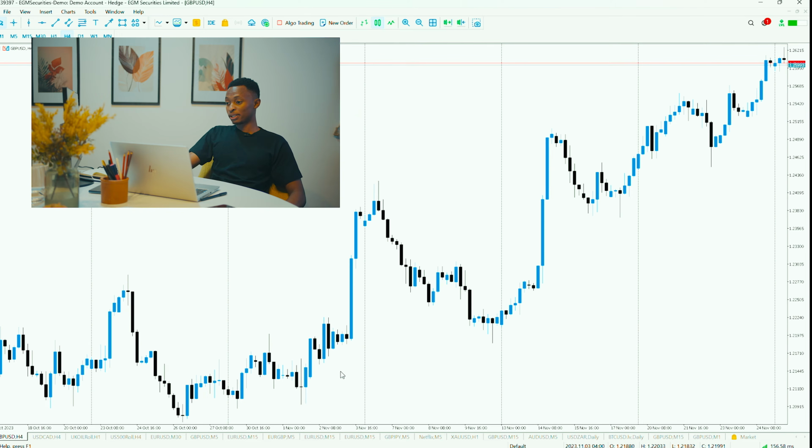And the best way to look at it is that the range of your demand zone should be at least a third of the resulting impulse move.